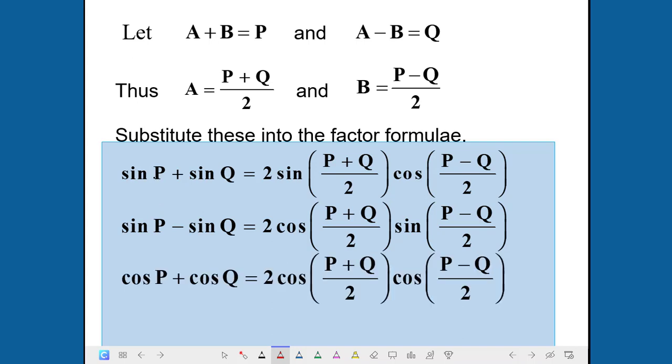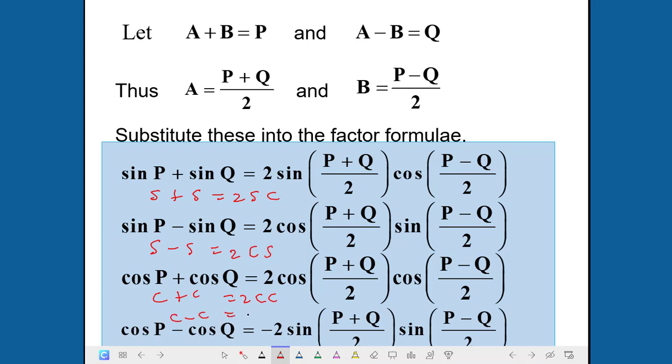So sin P plus sin Q is equal to 2 sin((P+Q)/2) cos((P-Q)/2). Sin plus sin equals 2 sin cos. Sin minus sin equals 2 cos sin. Cos plus cos equals 2 cos cos.